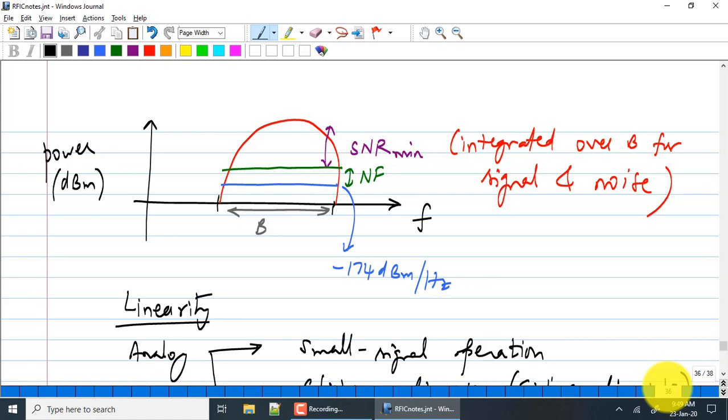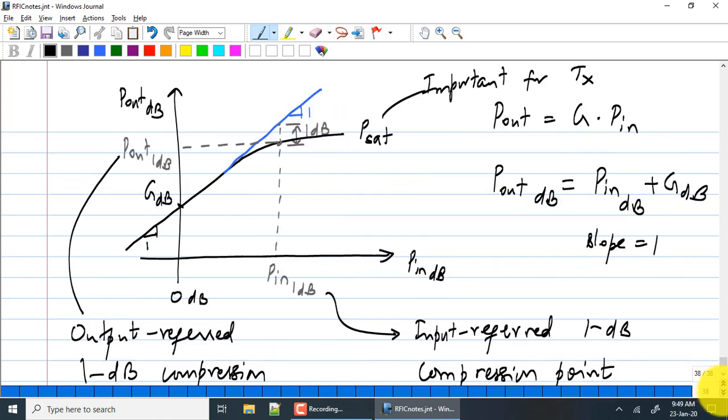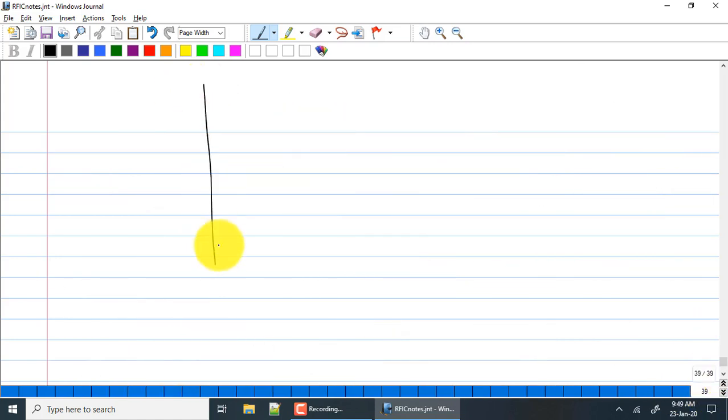Okay, so in fact, we will draw this in more detail later. If you were to draw the SNDR as a function of input power, what you will find is you will actually get two curves.